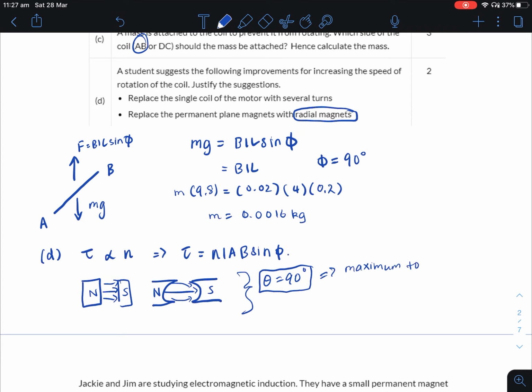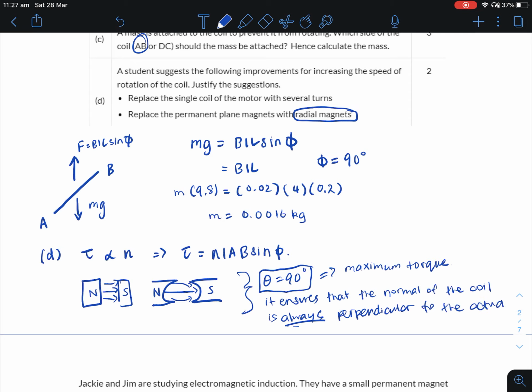Okay? And so how would I answer this question? Well, in words, I would say it ensures that the coil, or in other words, the normal of the coil, I'm just describing theta here, the normal of the coil is always perpendicular to the magnetic field.